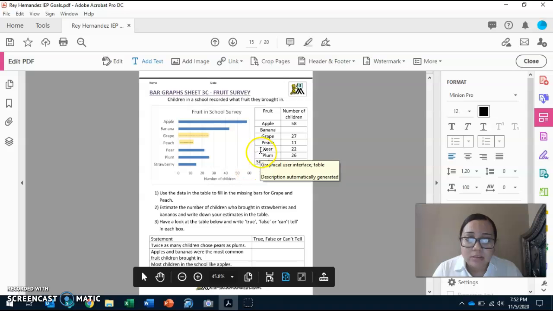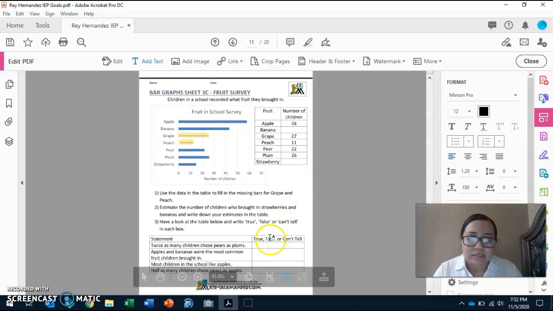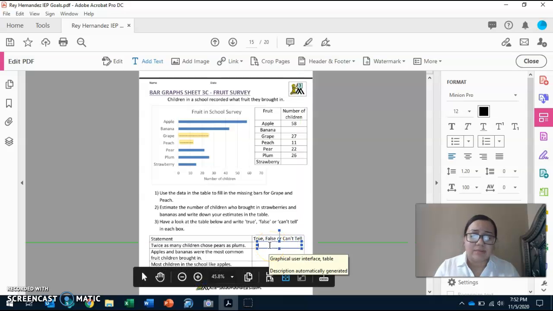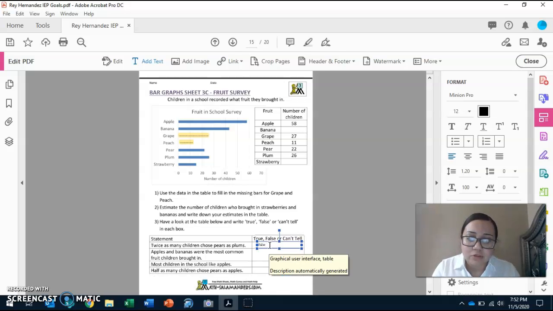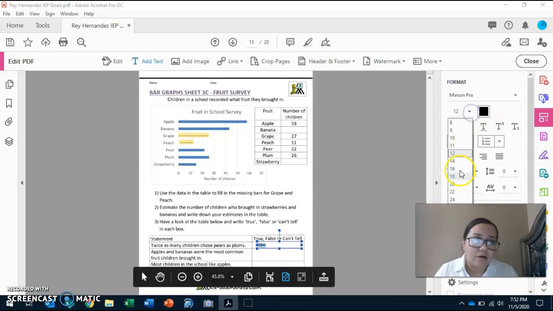So let's look at pears and plums. 22 and 26. Does that seem like twice to you? No, it doesn't. Their numbers are so similar, so close to each other. There's no way that can be twice as many. So the answer is false.